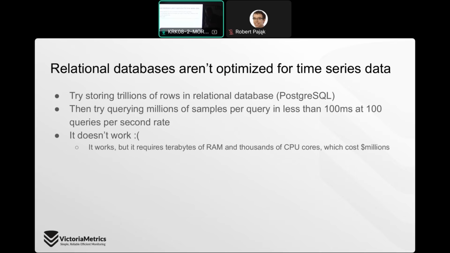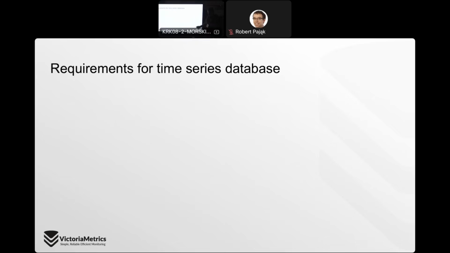No, it will work if you have millions of dollars and will buy hardware with terabytes of memory and thousands of CPU cores. It will work, but not very efficiently. That's why these time series databases are needed.